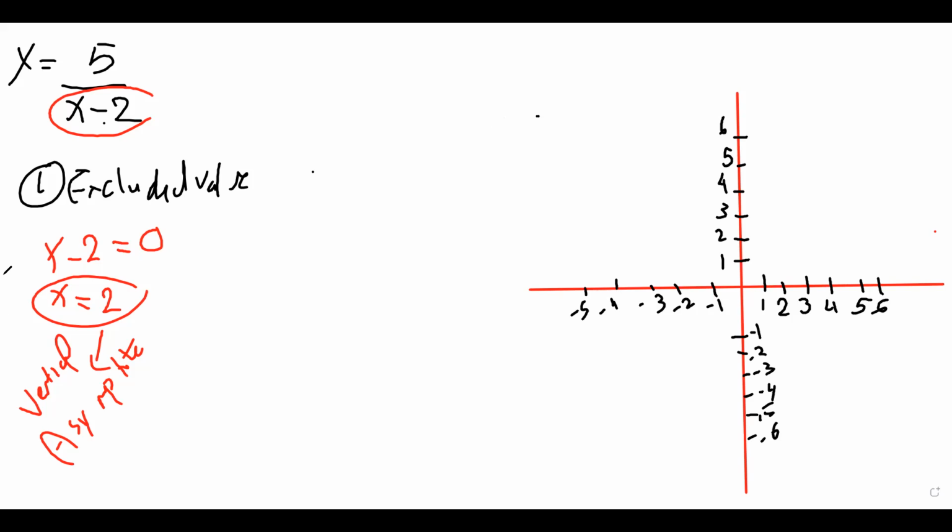Then, when x equal to 2, this will be the vertical asymptote. So here is x equals 2, this will be now the vertical asymptote.